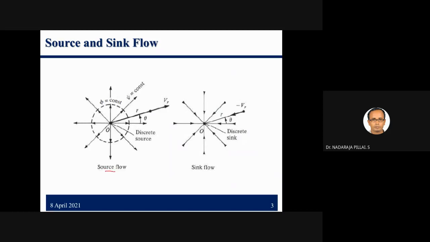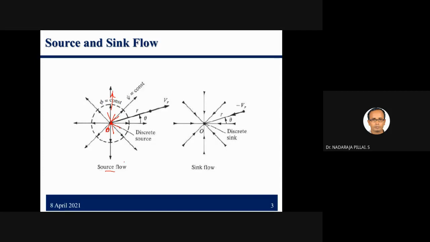Let us consider a two-dimensional incompressible flow where all the streamlines are emanating from the central point O. And let the velocity along each of the streamlines vary inversely with the distance. So this particular flow is called source flow.